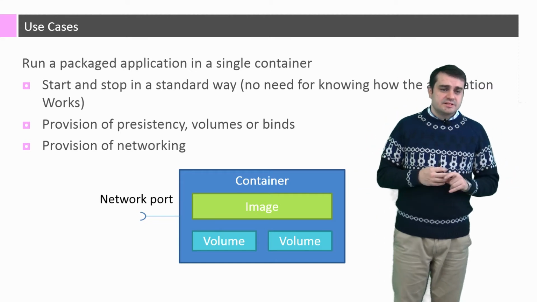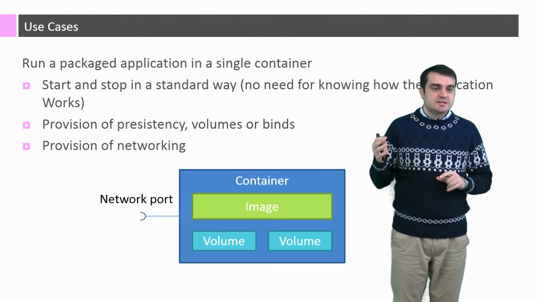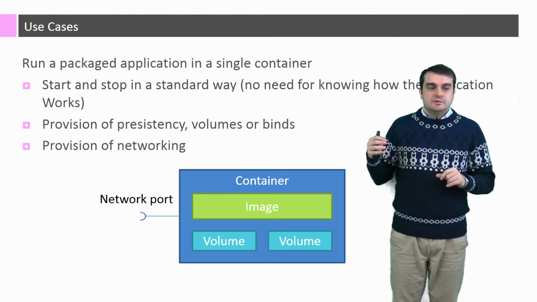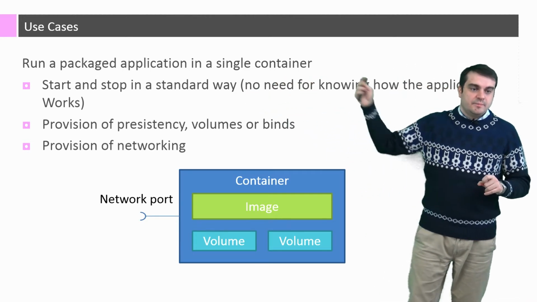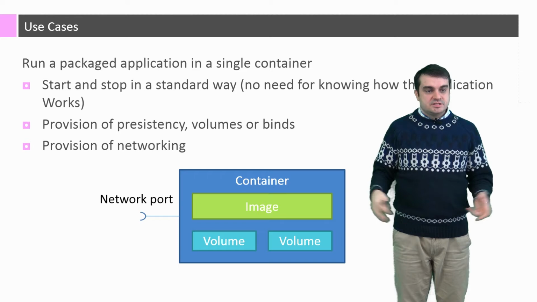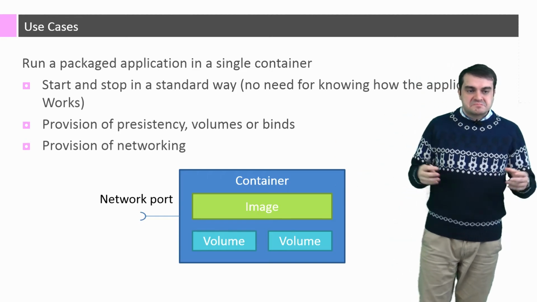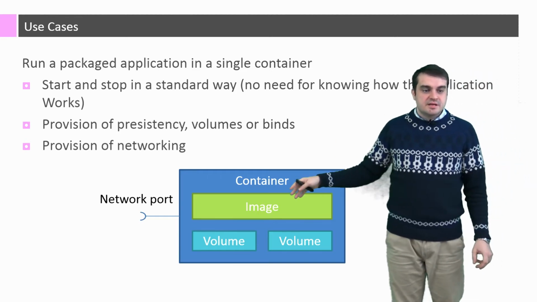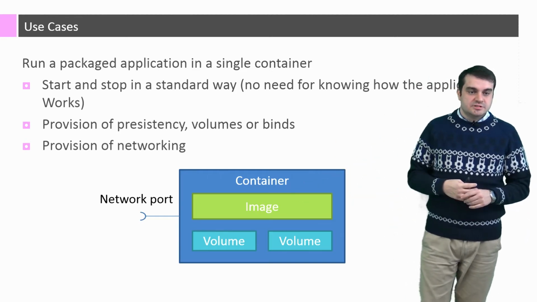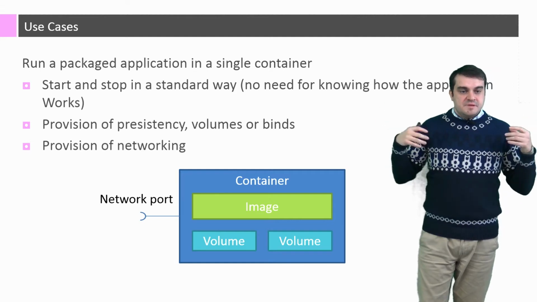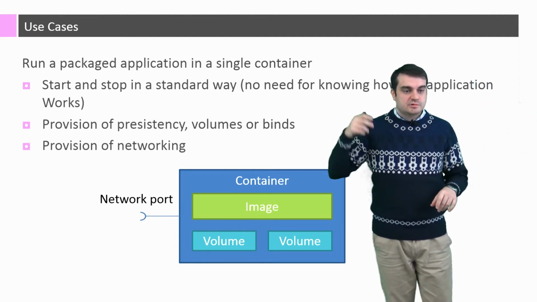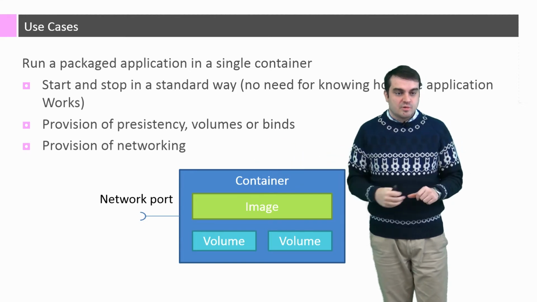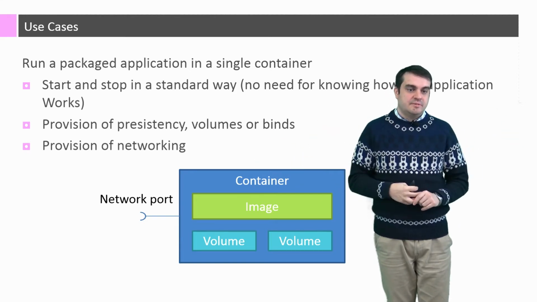Let's look at the use cases for Docker. The first and most basic use case is to run a single application. We already know how to start and stop a standard application. This is standard independently of the technology the application is written in. As a system administrator, I use docker run to run this image in its own container, and it starts that application.